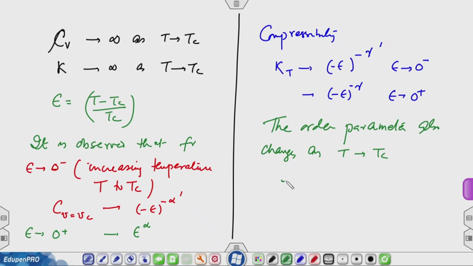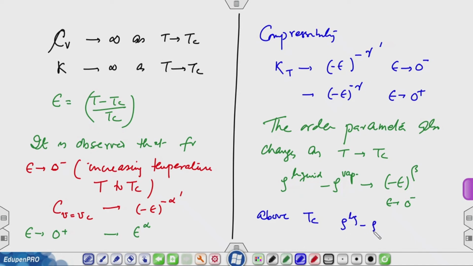So, order parameter rho liquid minus rho vapor goes as minus epsilon raised to beta as epsilon tends to 0 minus, and above Tc rho liquid minus rho vapor is anyways 0.